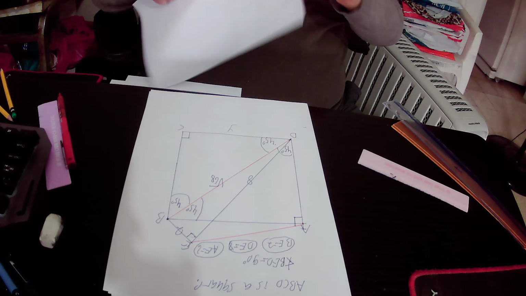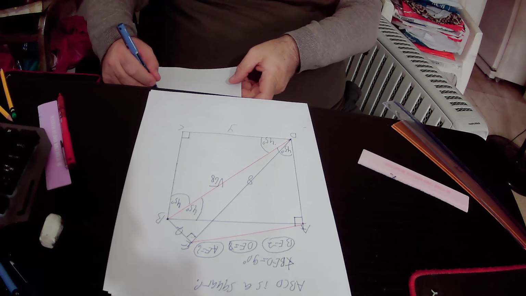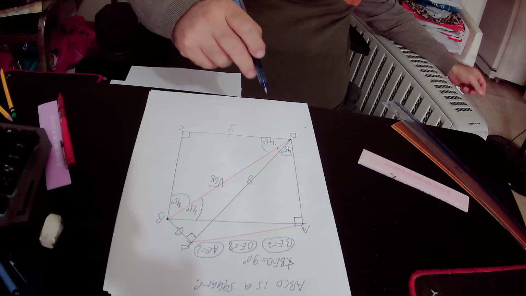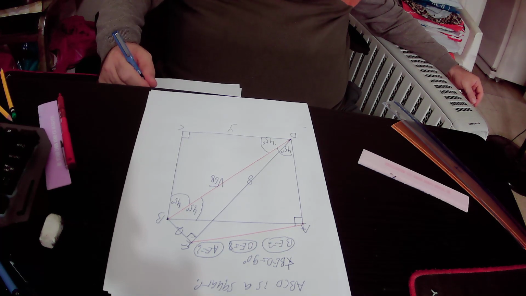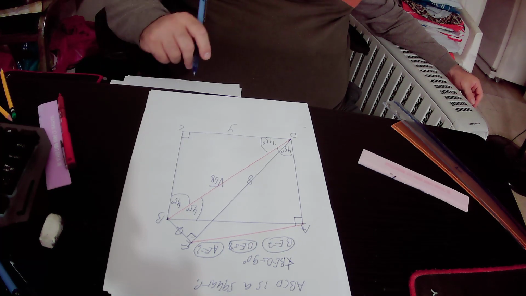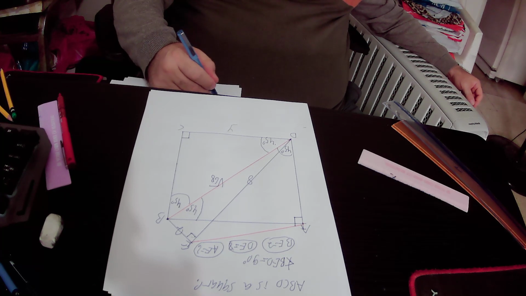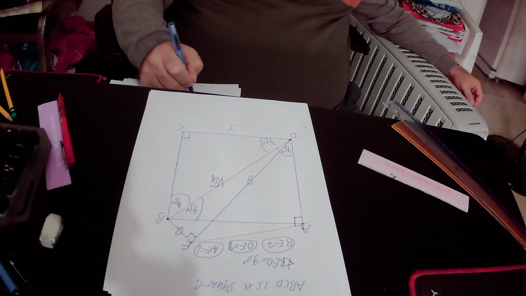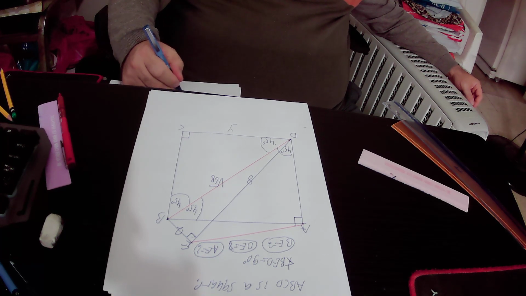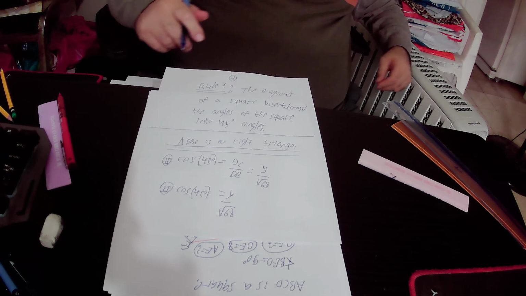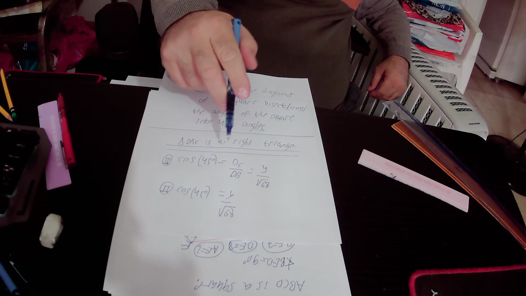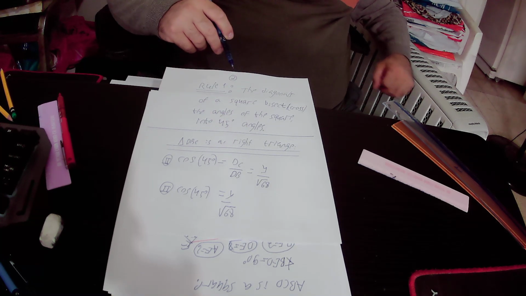But according to our definition, DC equals y, and DB, we have already found out, equals the square root of 68. So we actually found out that cosine 45 degrees equals y over square root of 68.